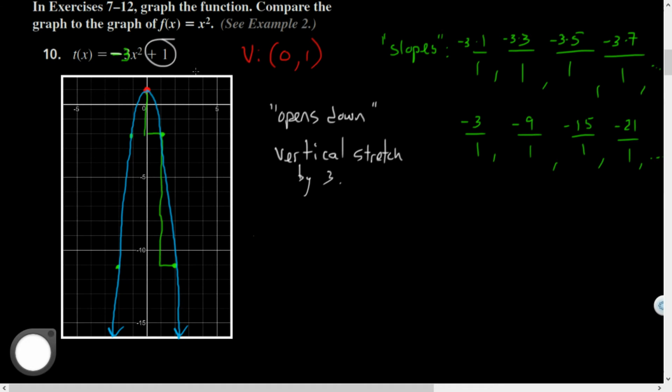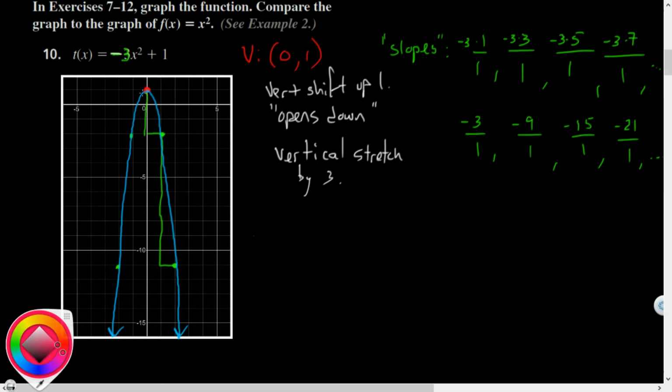And the +1 also was a vertical shift up 1, if you want to think about this in terms of transformations. But if you know the slopes and you know your starting point, which is your vertex, it's not bad. So the vertex is the tallest point on this downward opening parabola.